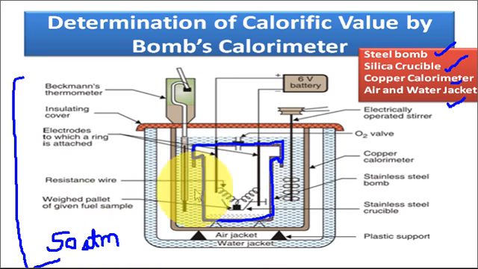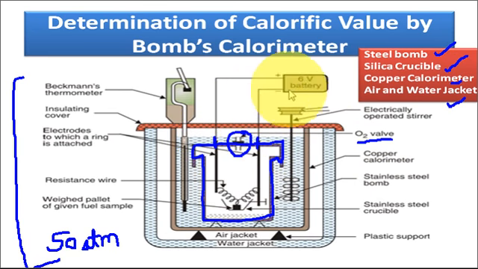The bomb is provided with a lid. This is the lid. The bomb is provided with the lid. Lid means its cover, which in turn is provided with three holes. First, the middle hole is for the oxygen supply. This is the oxygen valve, and the two side holes are for the electrodes.